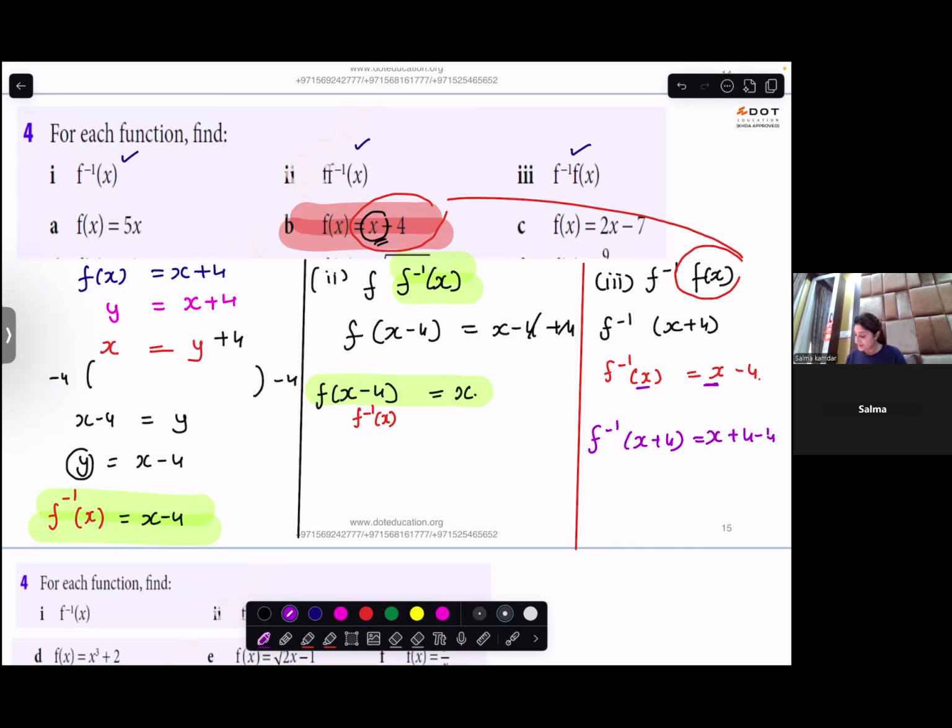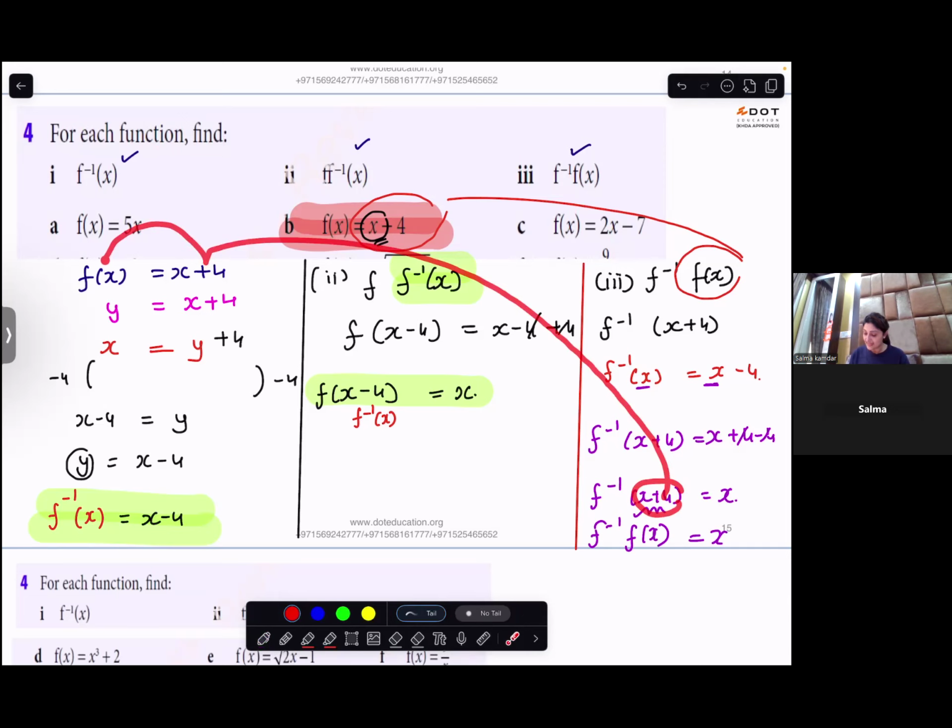So f inverse of f of x is x. Why? Because x plus 4 is f of x.